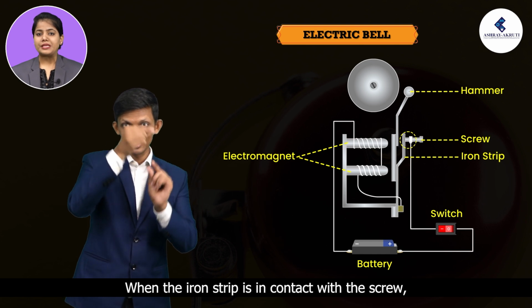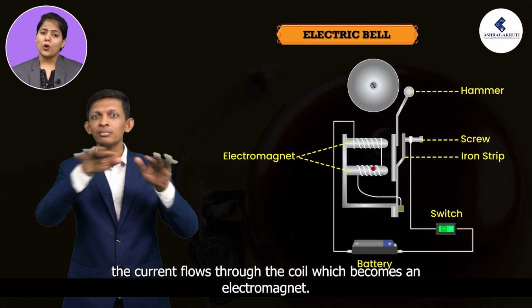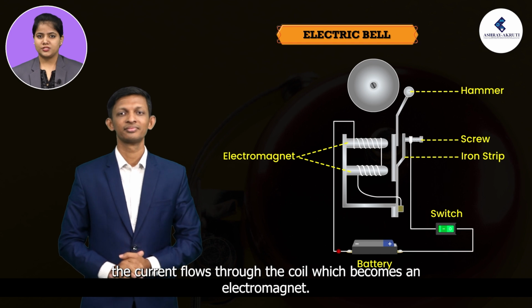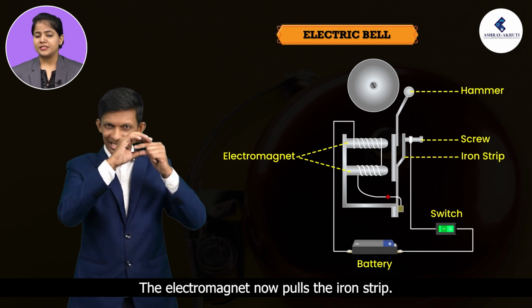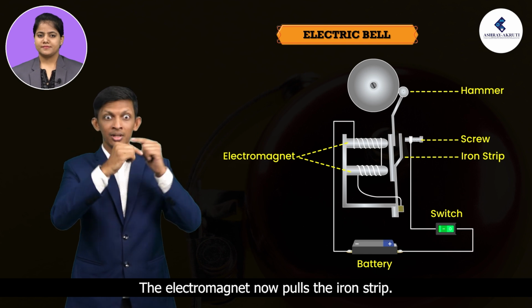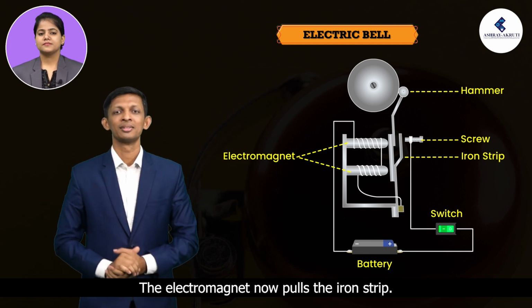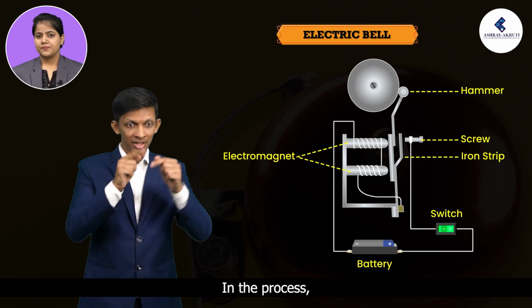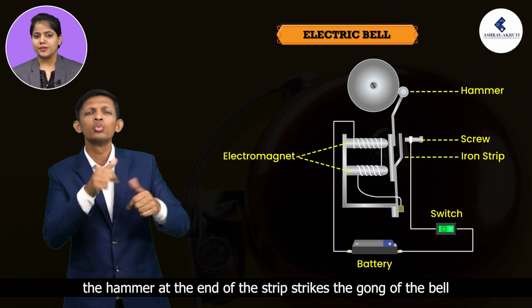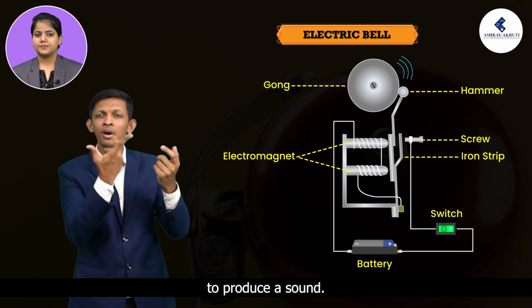When the iron strip is in contact with the screw, the current flows through the coil, which becomes an electromagnet. The electromagnet now pulls the iron strip. In the process, the hammer at the end of the strip strikes the gong of the bell to produce a sound.